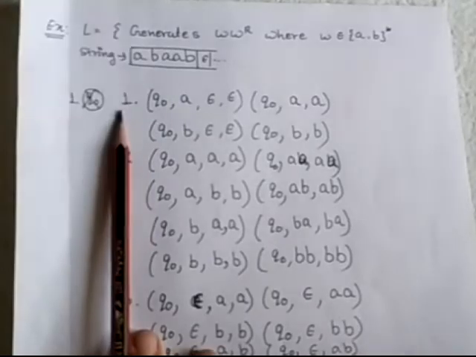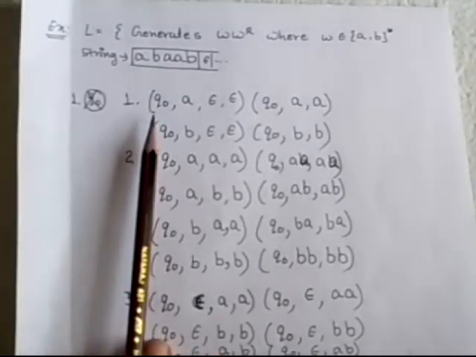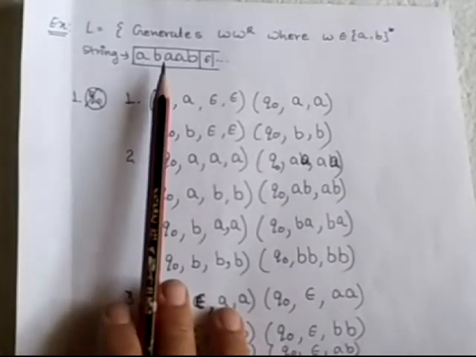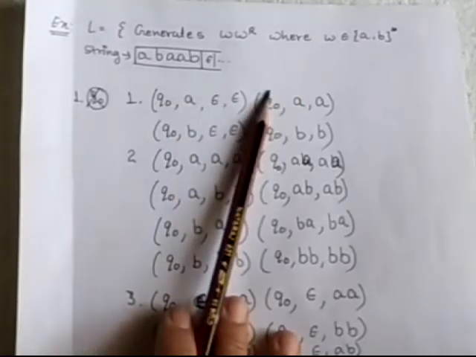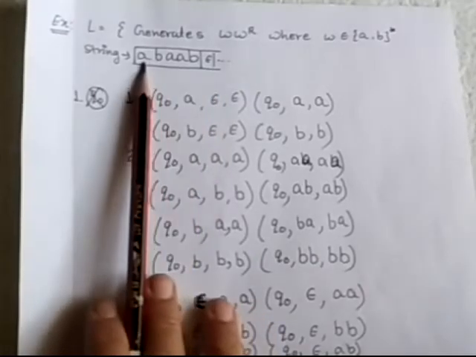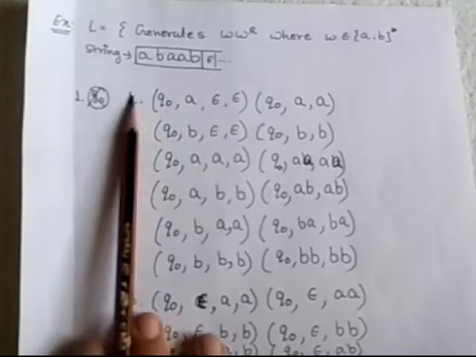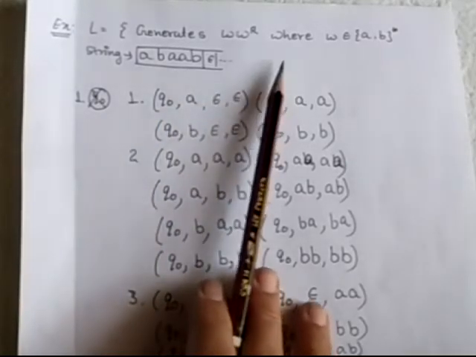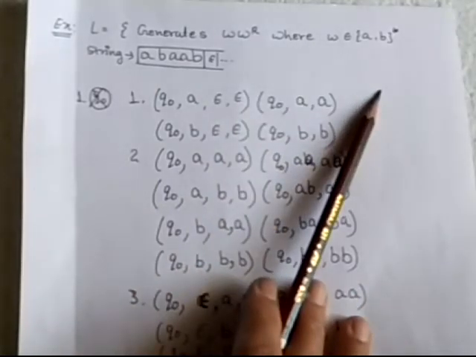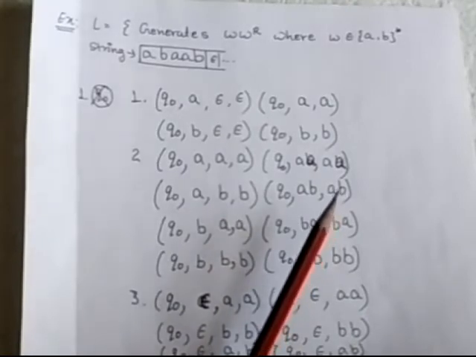Now let's take step 1. The idea is whatever symbol is read is pushed onto stack 1 as well as on stack 2. Means on both these stacks this entire string will be pushed, and after that stack 1 is popped and the string is pushed onto stack 2. As we know, a stack has the property of last in first out.